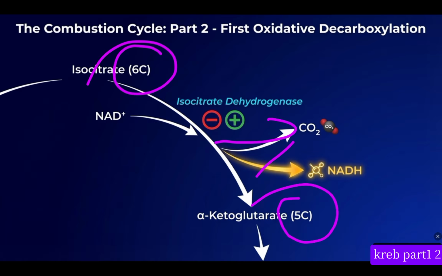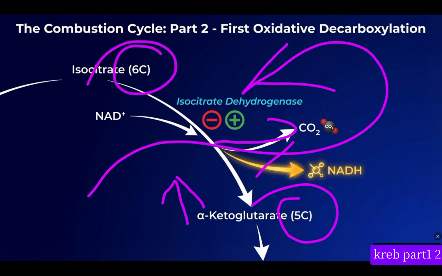So whenever there is accumulation of acetyl-CoA, this acetyl-CoA starts inhibiting isocitrate dehydrogenase, which will reduce the amount of alpha-ketoglutarate by inhibiting the process by which we convert isocitrate to alpha-ketoglutarate.